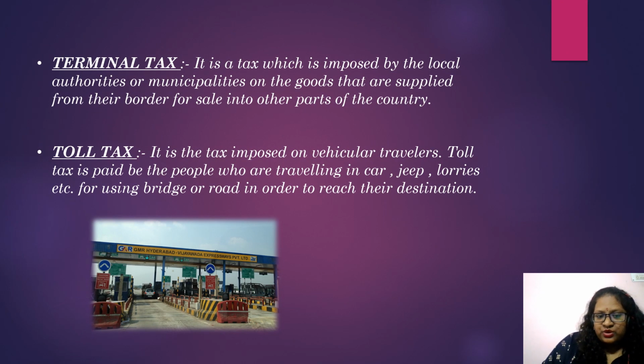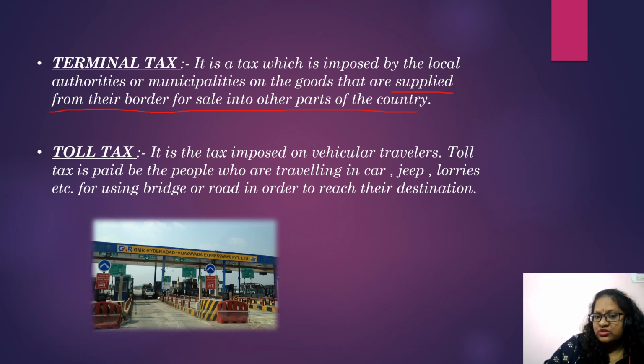The next one would be terminal tax. It is a tax which is imposed by the local authorities or municipalities on the goods that are supplied from their border for sale into the other parts of the country. Now, octroi tax was on purchase. When we purchase goods from the other parts of the country and bring them into our jurisdiction, octroi tax is levied.